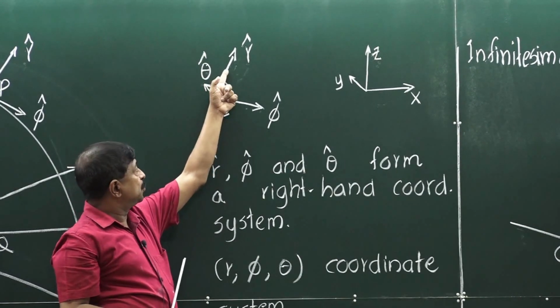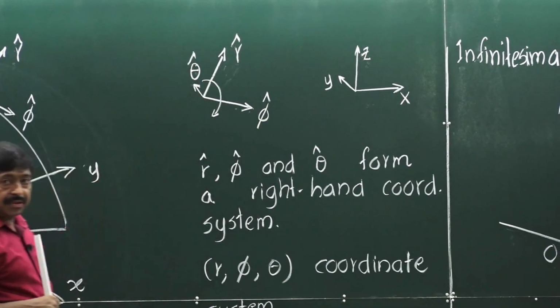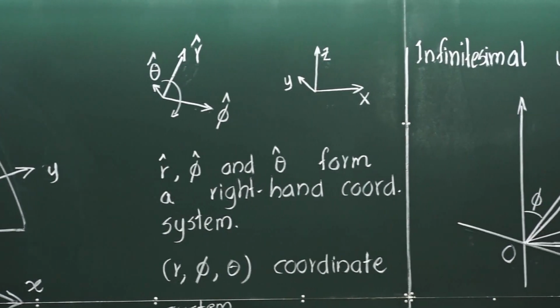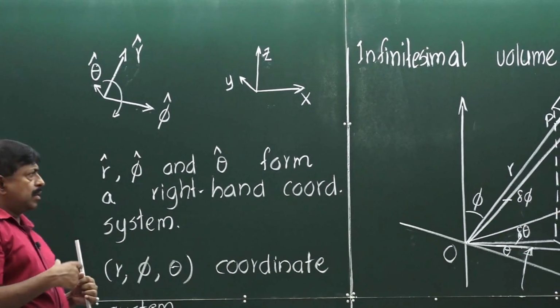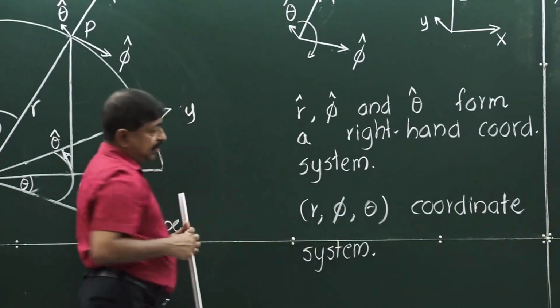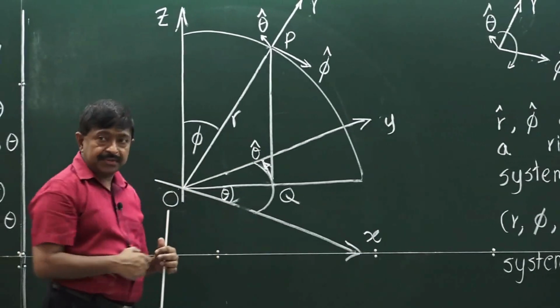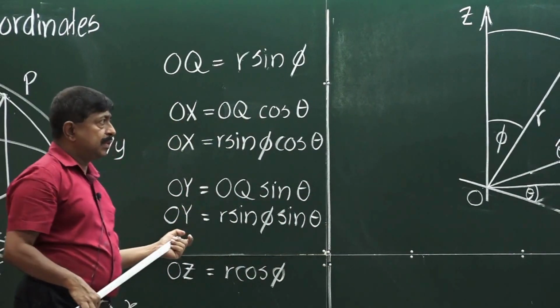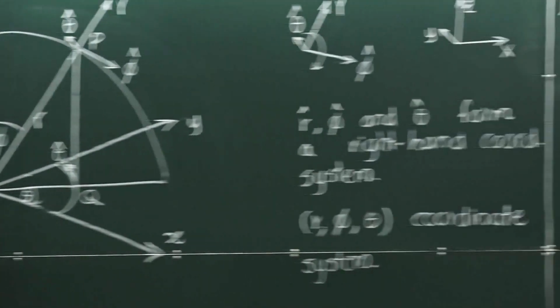Therefore, this is the first coordinate, this is the second coordinate, this theta is the third coordinate. Now, to solve problems you don't need this, but to understand the coordinate system you need that orientation. Now, we will move to the next one, that is the infinitesimal volume element.